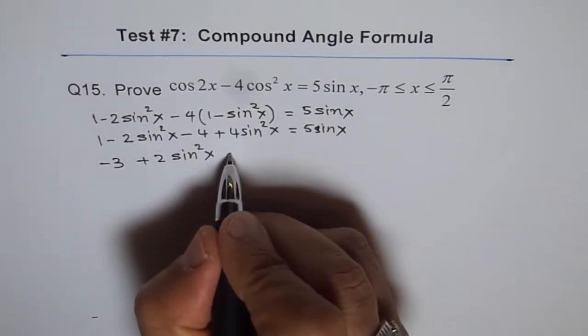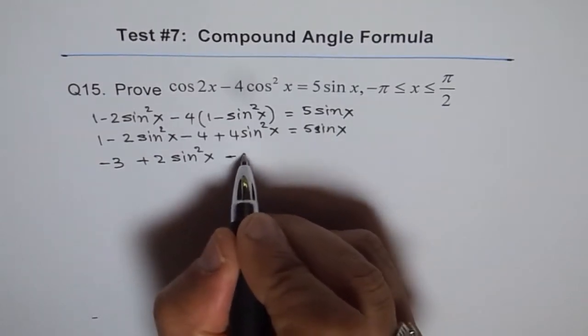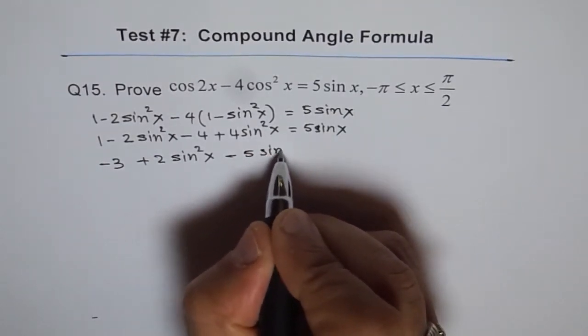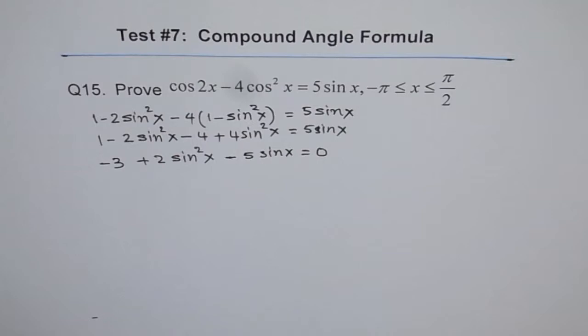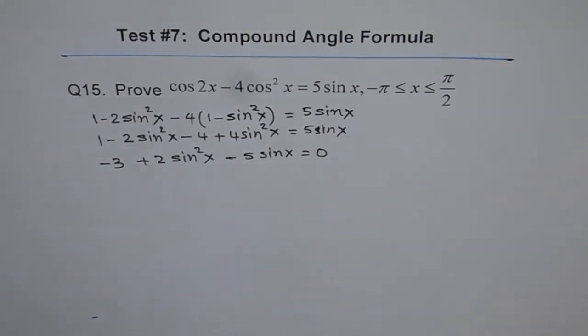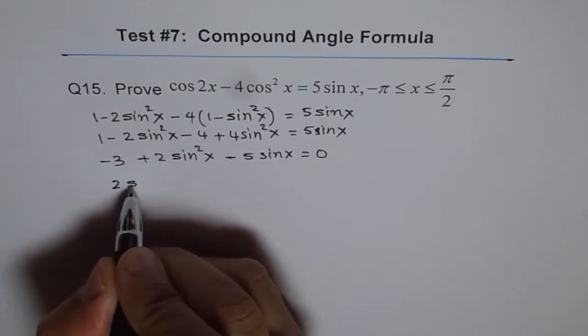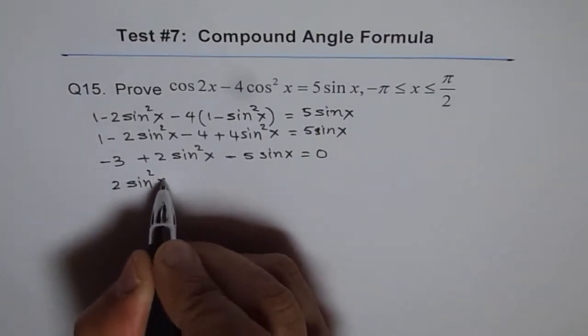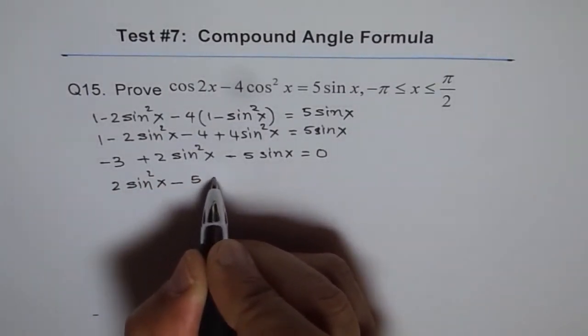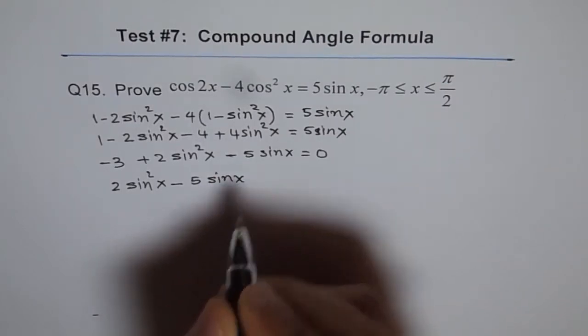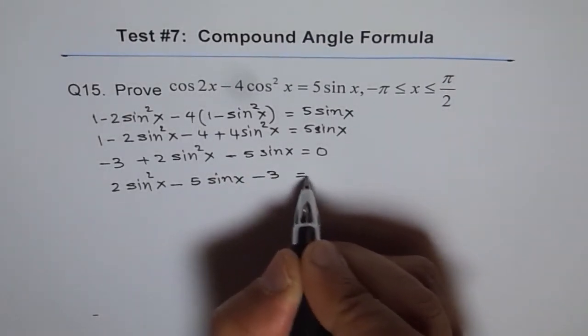We can bring 5 sine x to this side, so minus 5 sine x equals 0. Now that's a quadratic equation in sine x. Let's rewrite it: 2 sine square x minus 5 sine x minus 3 equals 0.